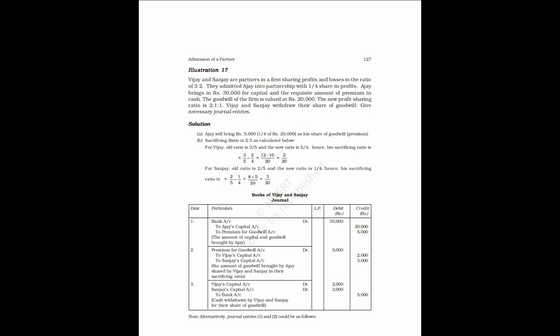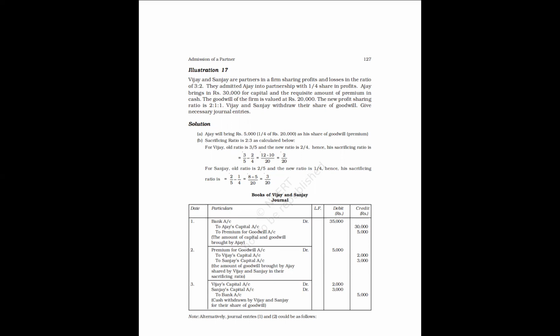Listen, in this sum, they have given the whole firm's goodwill, not the new partner's goodwill. They give the total, the overall firm's goodwill. The new profit sharing ratio is 2:1:1.